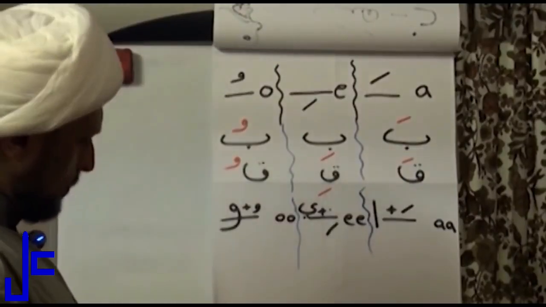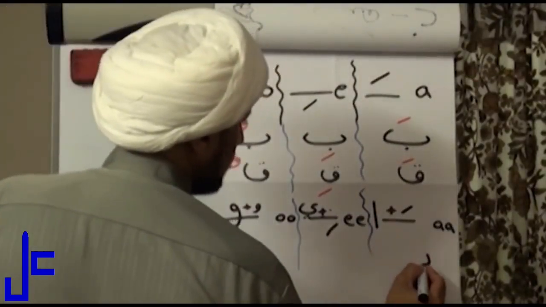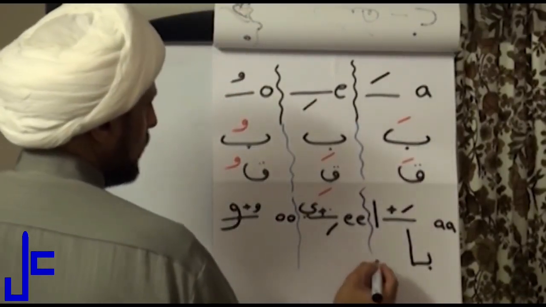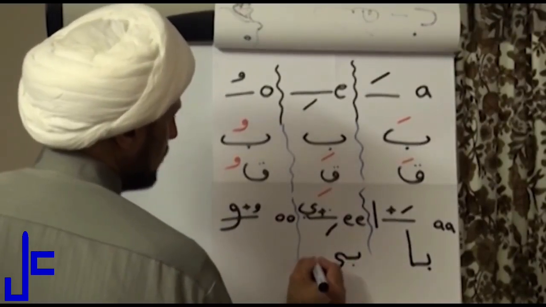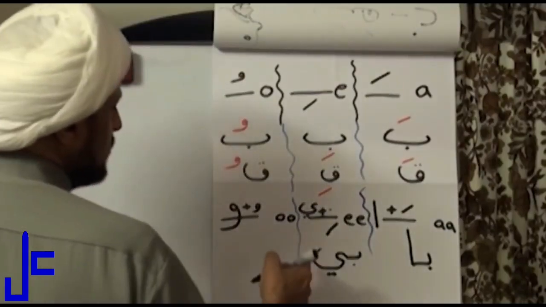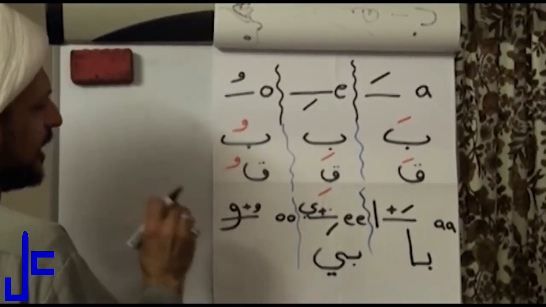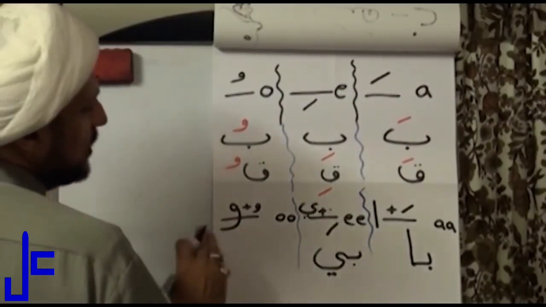Let's take our ba. We said that we are going to cut the tail of the ba and put alif. We are going to cut the tail of the ba and put ya. At the end, we don't cut the letters, we cut the tails of the letter. When the letters get attached from the end of the letters, we don't cut.